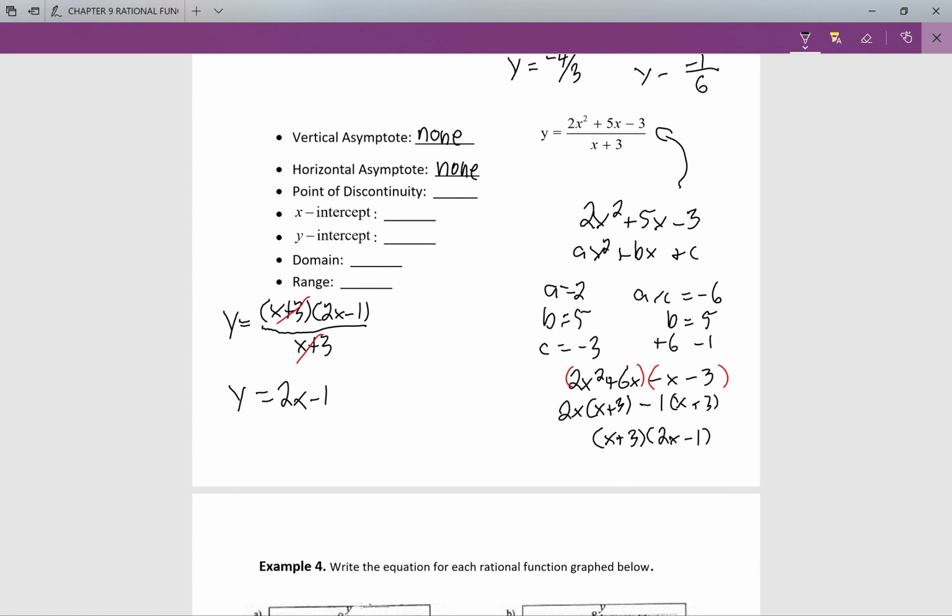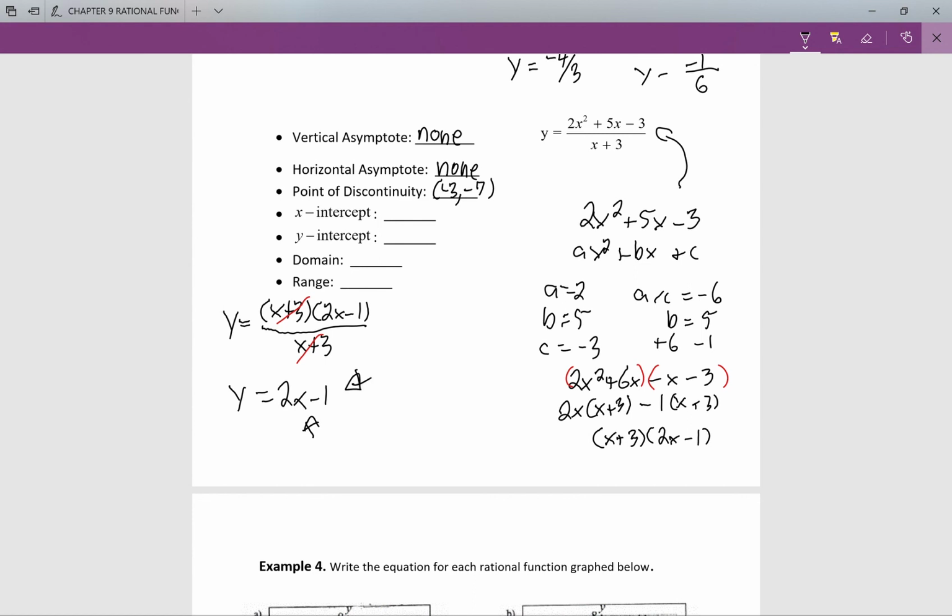My point of discontinuity is going to occur when x equals negative 3. If I put negative 3 into this, 2 times negative 3 is negative 6, minus 1 is negative 7. My x-intercept, if we look at this function, is pretty obvious.